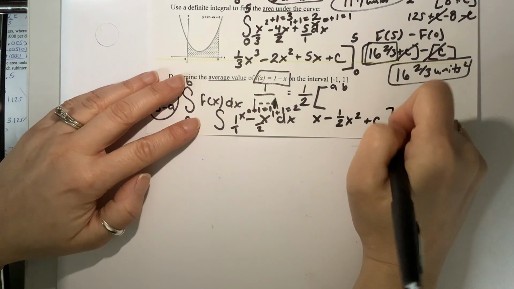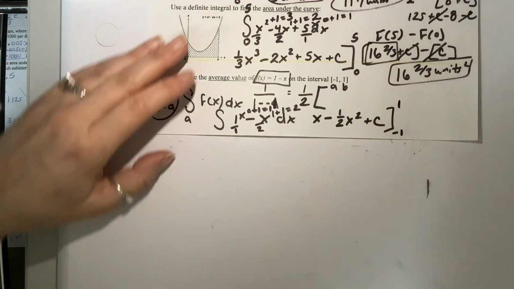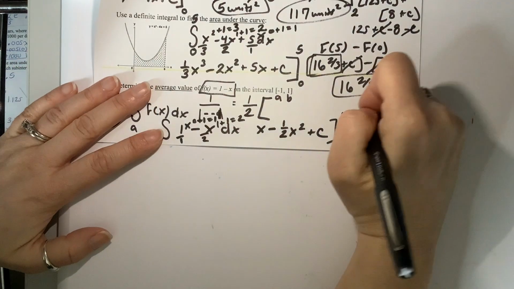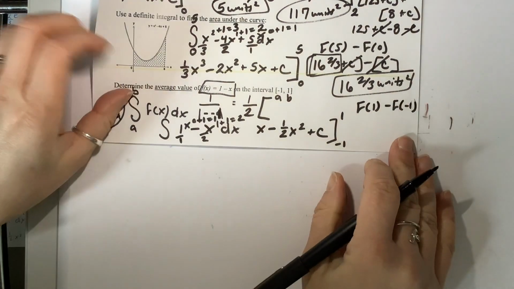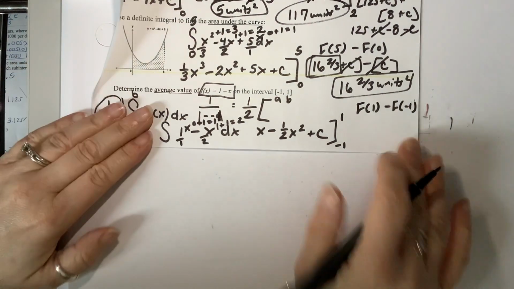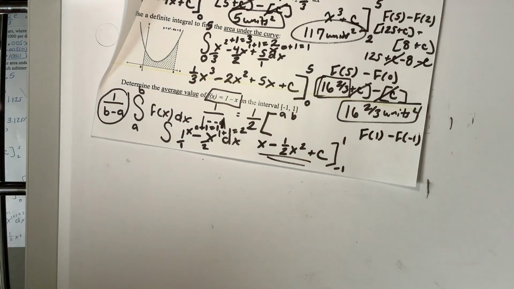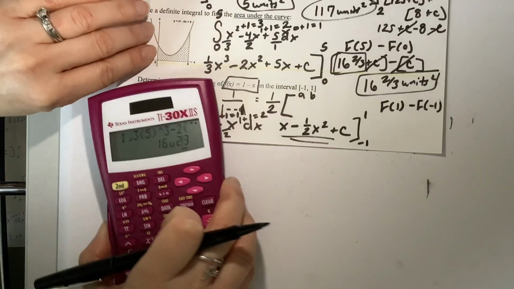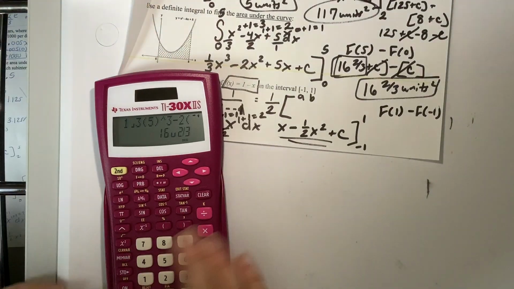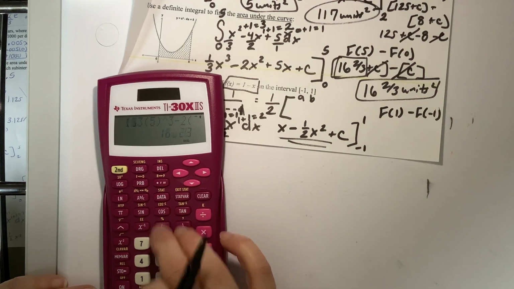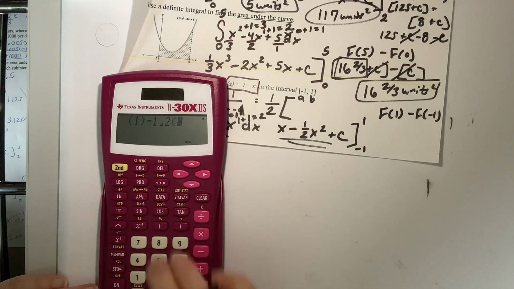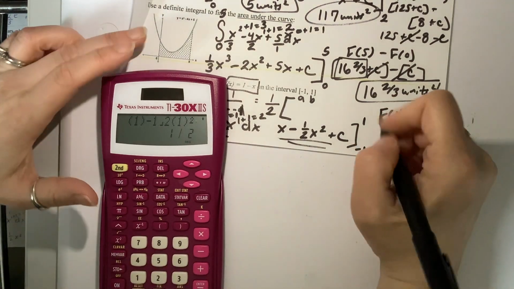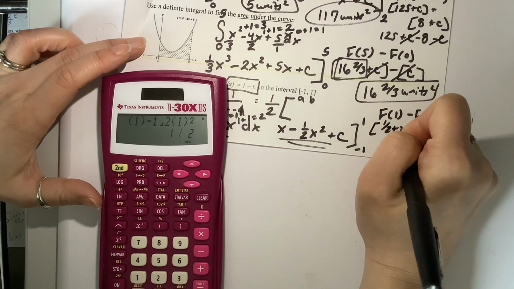We calculate from negative 1 to 1. I go ahead, largest number is positive 1, smallest number is negative 1. We fill it in. So it's the exact same thing with one additional step at the end. If I fill in 1 minus 1/2 times 1 squared, this is 1/2 plus c.